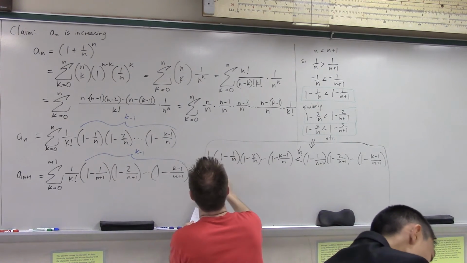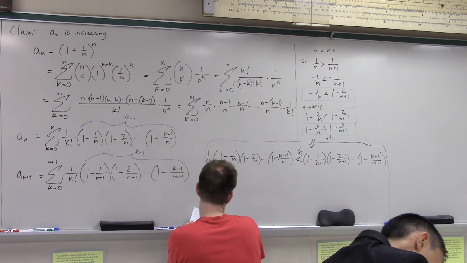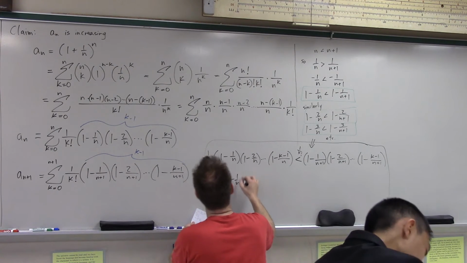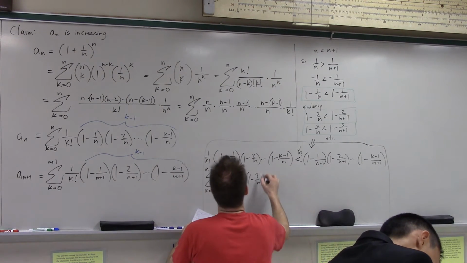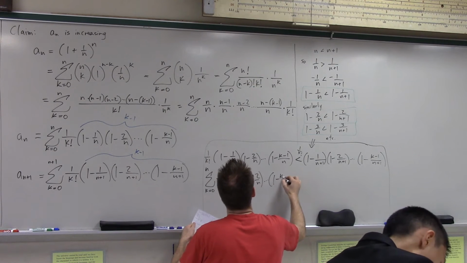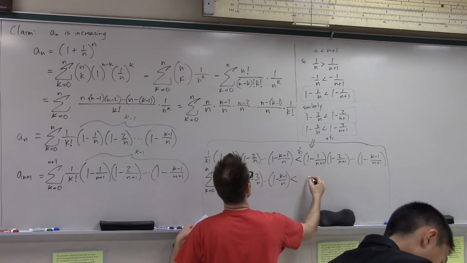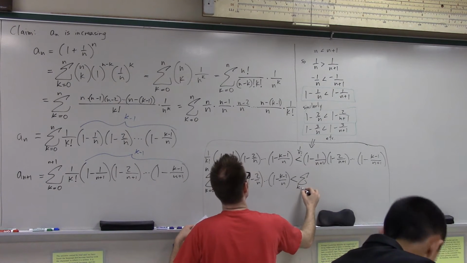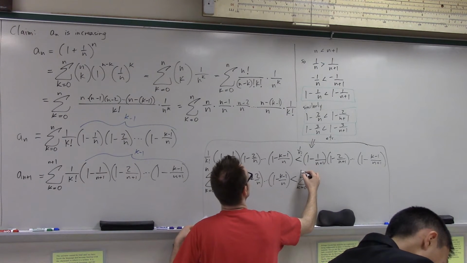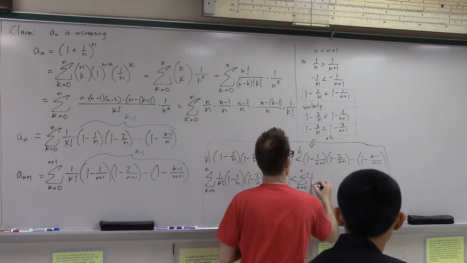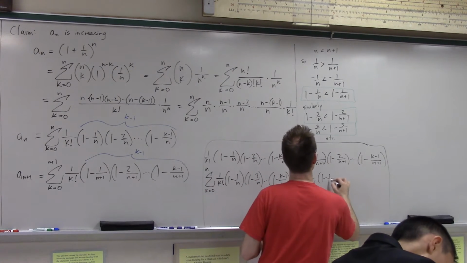Do I want to do this whole thing? Sure. The sum from k equals 0 to n of 1 over k factorial times 1 minus 1 over n, 1 minus 2 over n, all the way to 1 minus k minus 1 over n has to be less than the sum from k equals 0 to, just still n, of 1 over k factorial, 1 minus 1 over n plus 1.